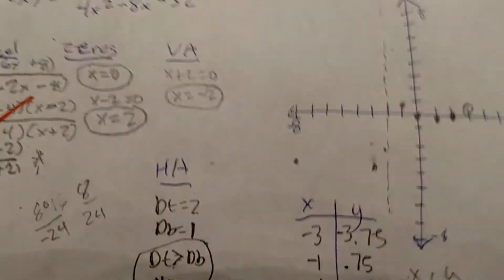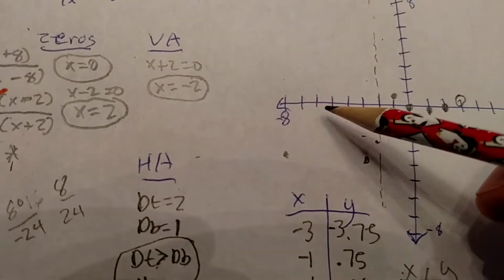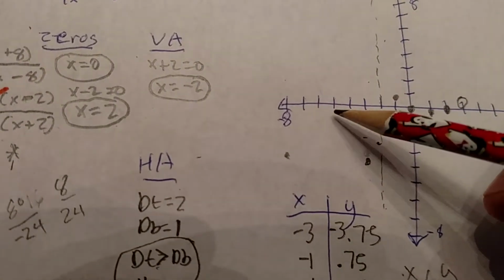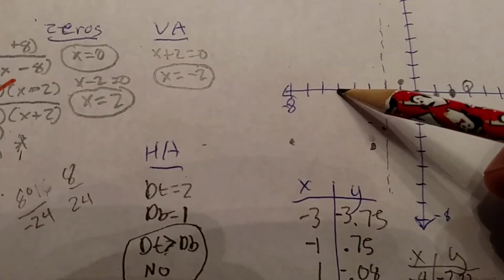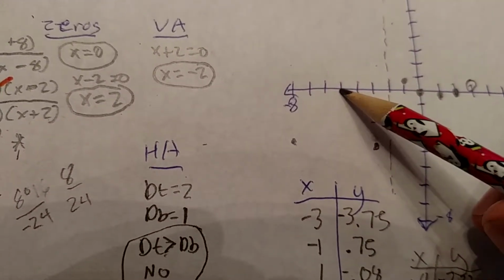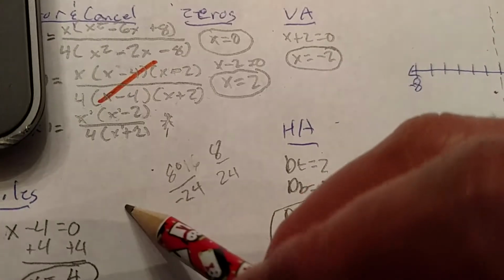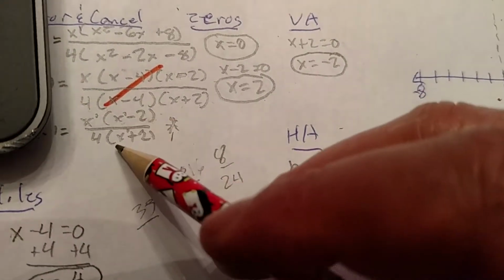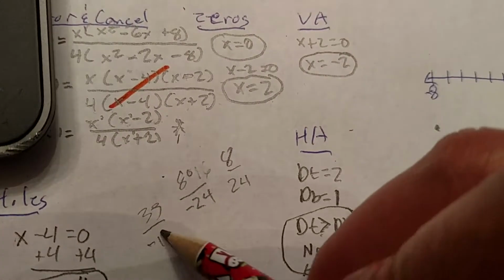So it looks like I'm going to have to plug in something in between, so let's say -6 or -4. Or actually, that's -4, -5 right there. Let's do -5. All right, -5 minus 2 is -7 times -5 is 35 over -5 plus 2 is -3 times 4 is -12.